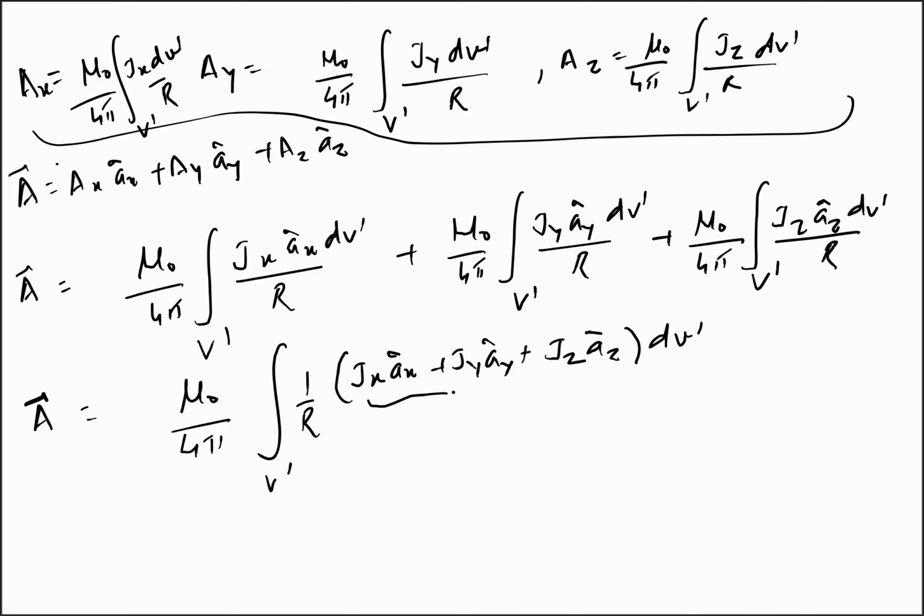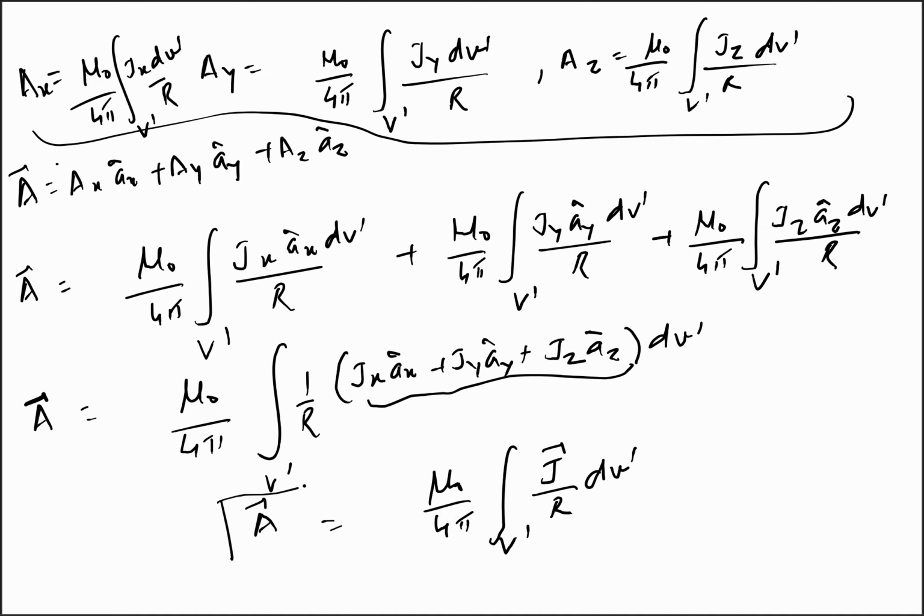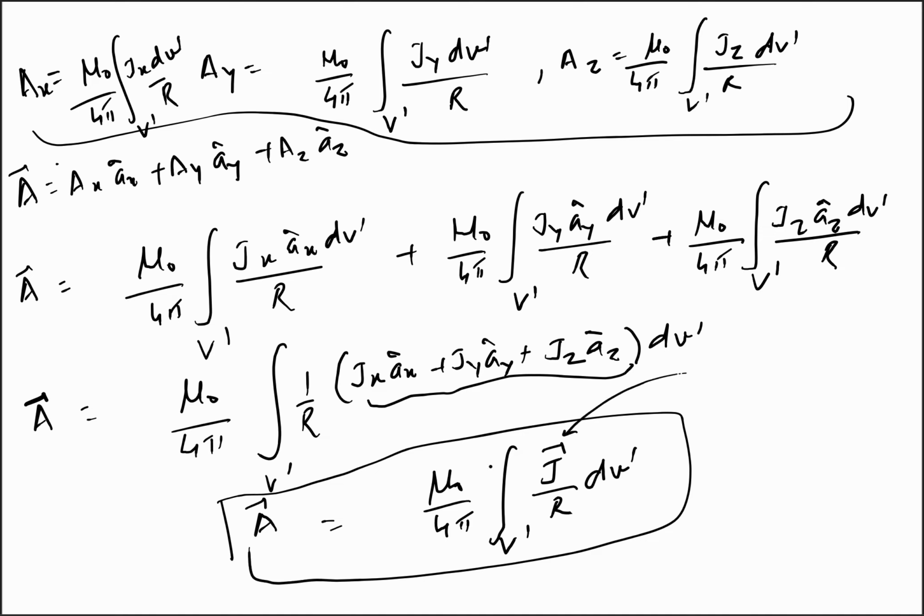So this is again the vector current density. So A is mu naught upon 4 pi integral of J vector over r dv dash over the whole volume v dash. In this way we can find the vector magnetic potential from the source current density, and this is the volume current density.